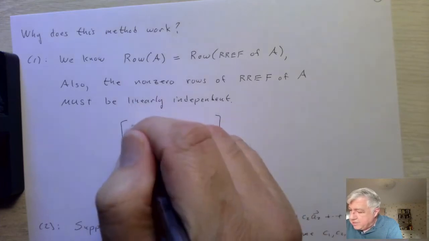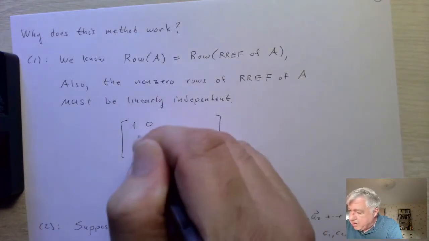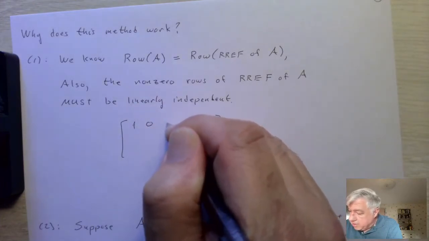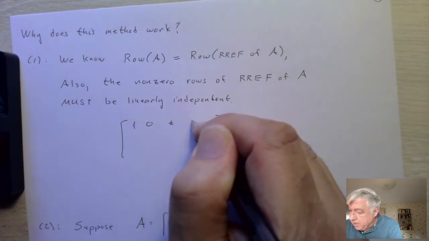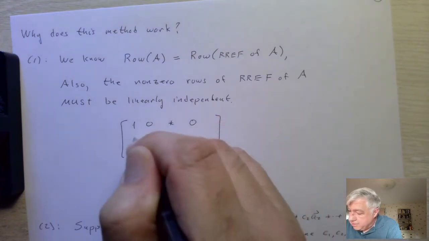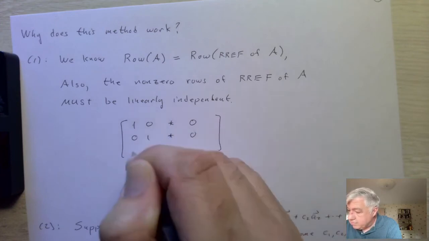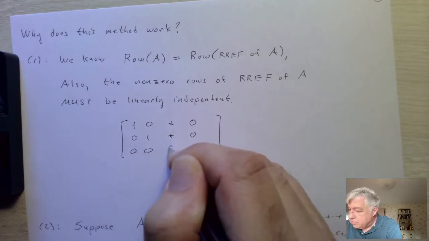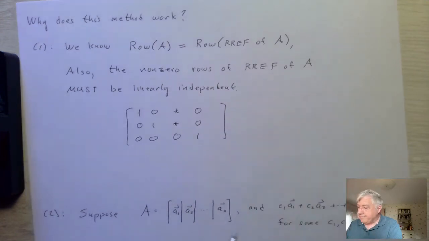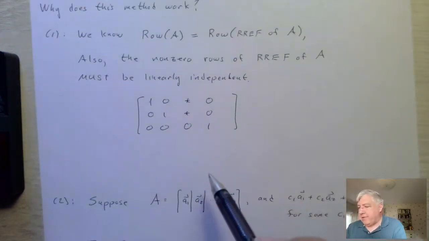The reason is, let's say we have something like this, and these are the rows.